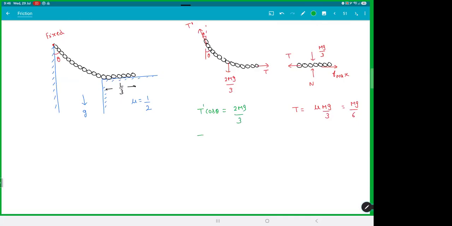T dash sine theta will be the horizontal tension T. If you divide these, I get tan theta is equal to T divided by 2 mg by 3. But T is mg by 6. mg will cancel, and we end up with 1 by 4. Check. Clear with this? All we did was draw a free body diagram, nothing much.